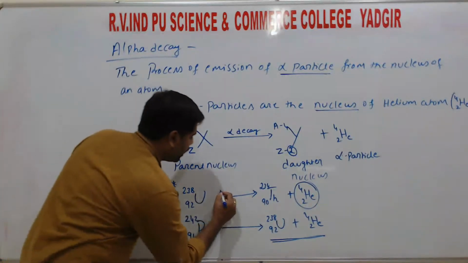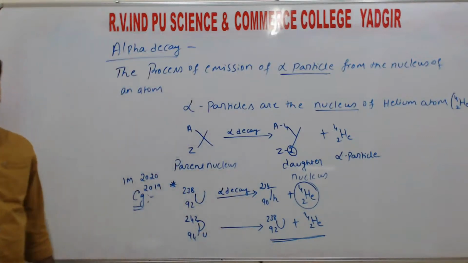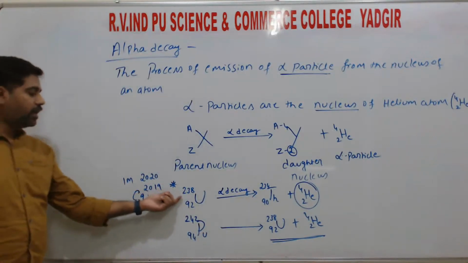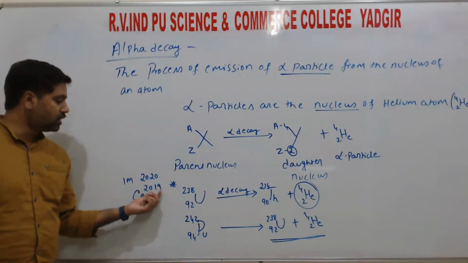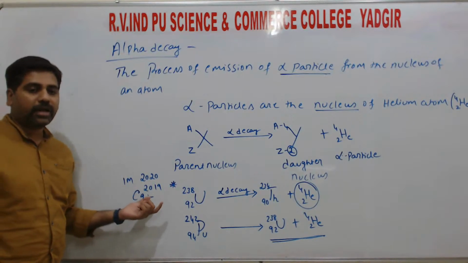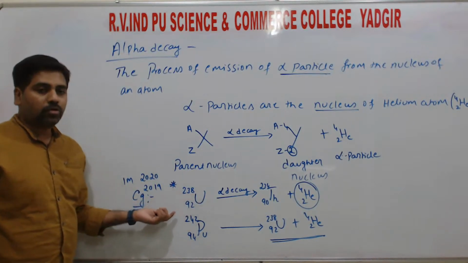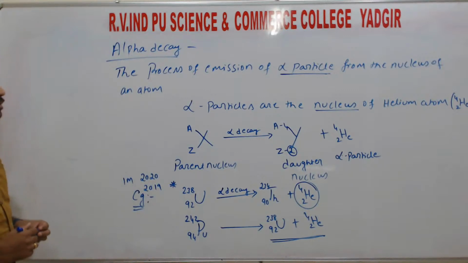So you need to remember these two examples. This year and the previous year, back to back, they asked for 1 mark: write the alpha decay relation for uranium 238. So this is important for 1 mark.